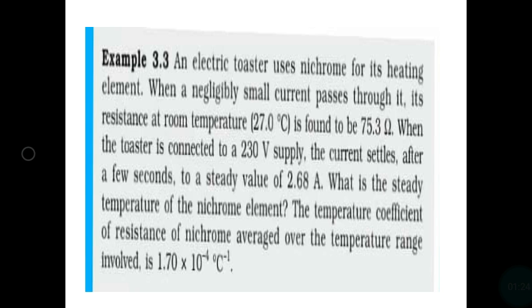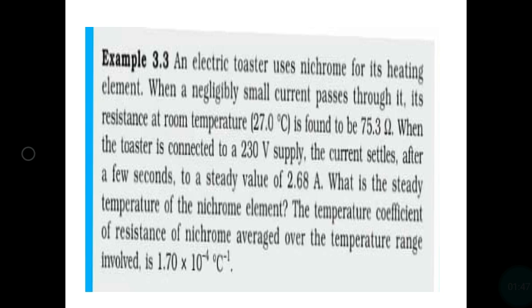We know when current flows through a conductor, heating effects come into play and some of the energy is lost as heat energy. As a result, the conductor is heated up. One more thing we know, that is the temperature dependence of resistance.